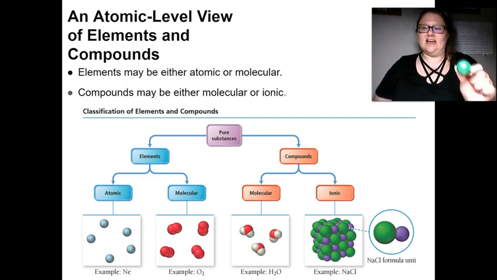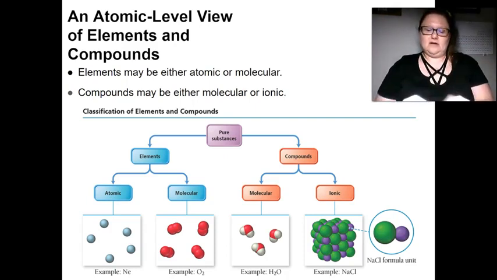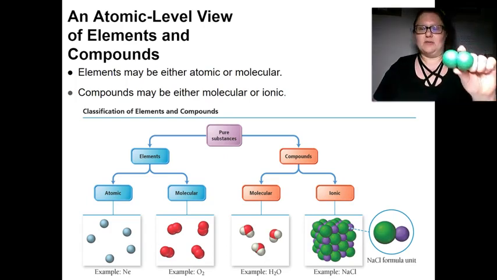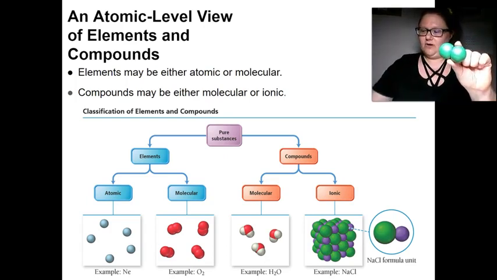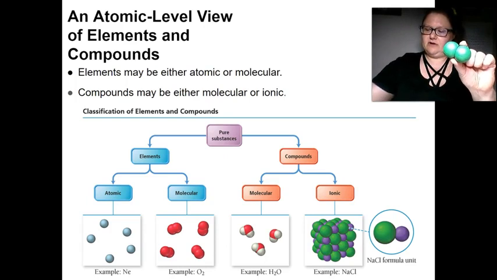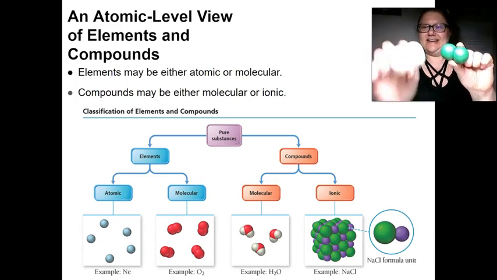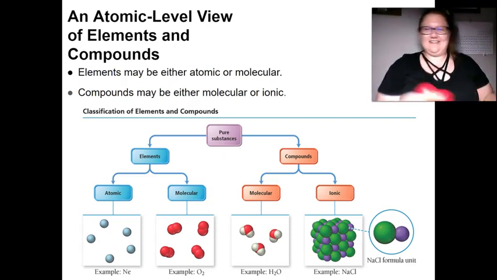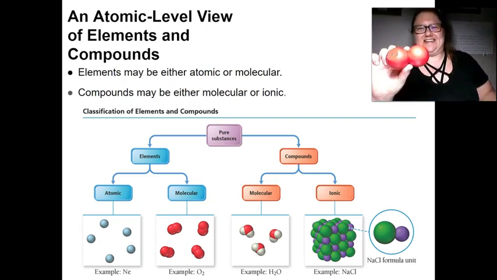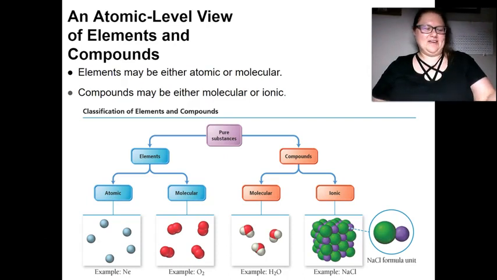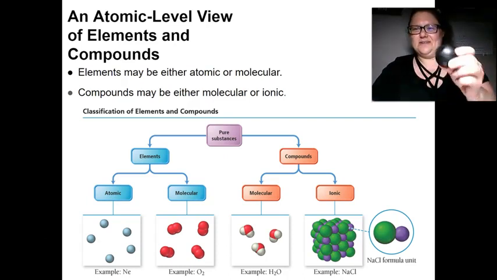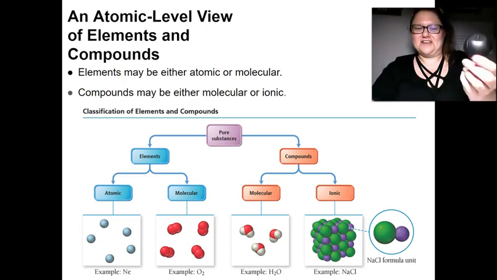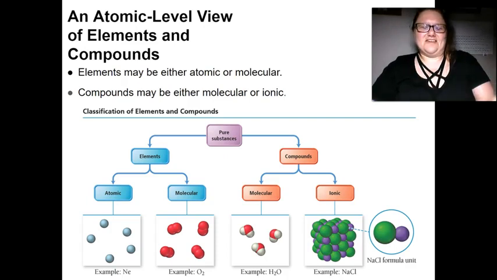Or we could say an element is molecular, like a diatomic chlorine, or, wait for it, a diatomic hydrogen, or a diatomic oxygen. Okay? Carbon is not diatomic, so it would be just an atom. And so you can see on the far left there in blue, we have atoms.